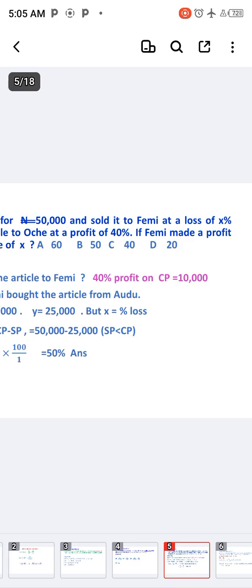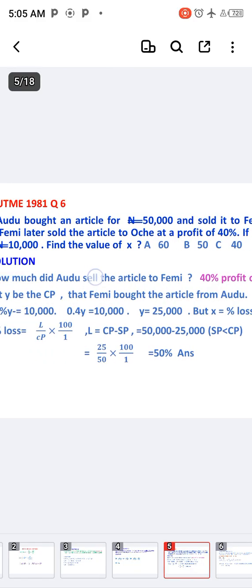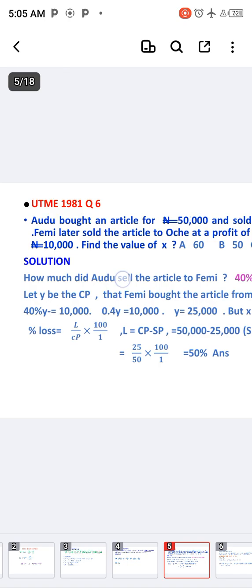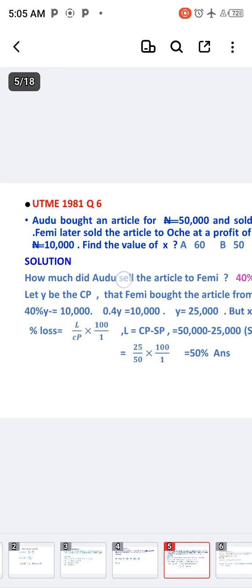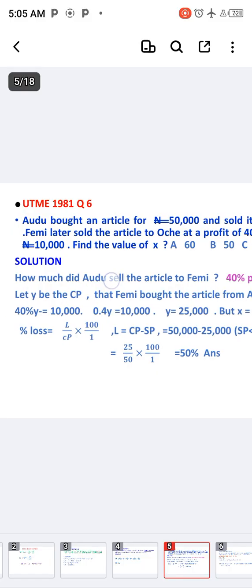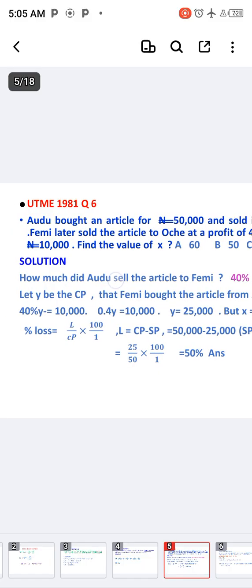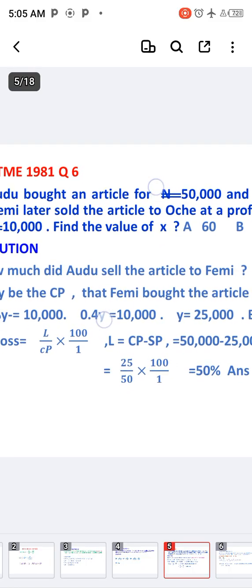So we are given the profit on cost price to be 10,000 naira, as it is shown in the question. If Femi made a profit of 10,000 naira, find the value of X.